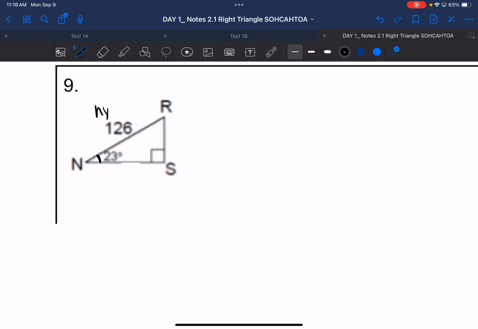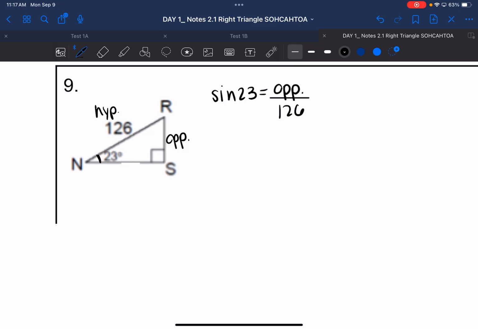The hypotenuse. All right, so let's say I want to find the opposite side. Which trig ratio should we use? Good. So I'll have sine of 23 is equal to the missing opposite side over the hypotenuse 126.